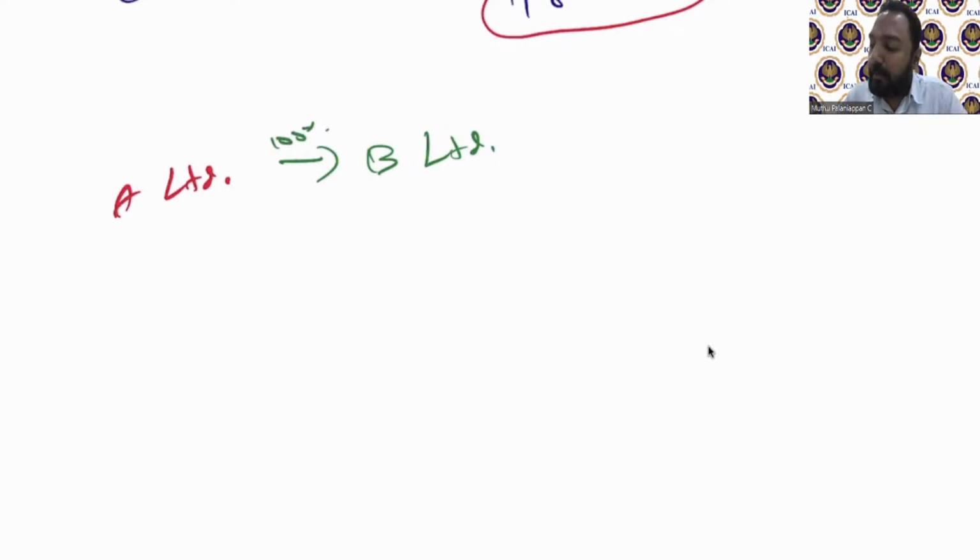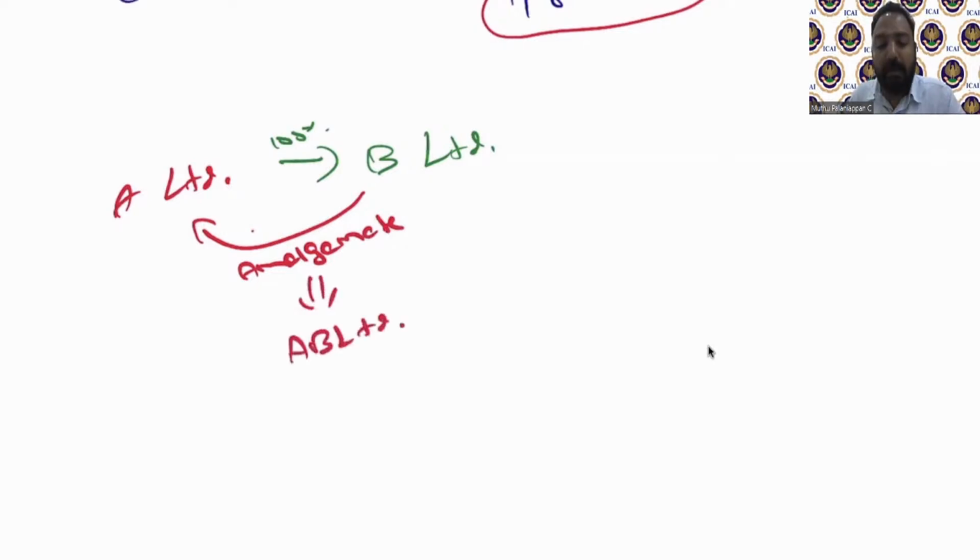Now, what happens is B Limited merges. We'll call it amalgamates. Nothing but merger. Now it amalgamates and becomes AB Limited. Now, who's the shareholder of B Limited? The shareholder of B Limited is A Limited only.